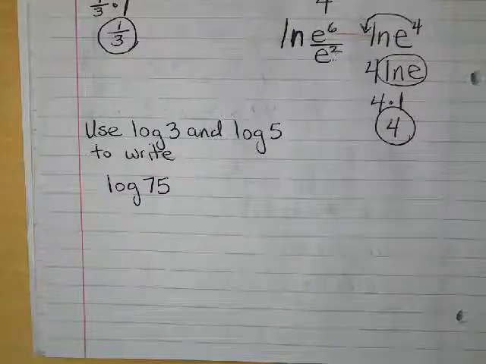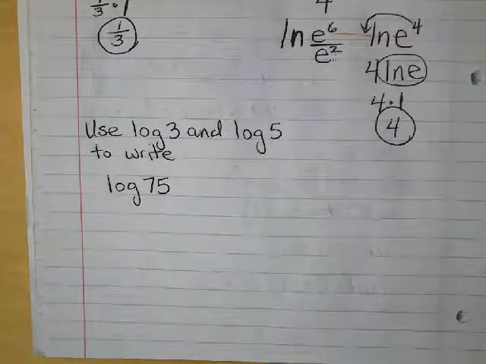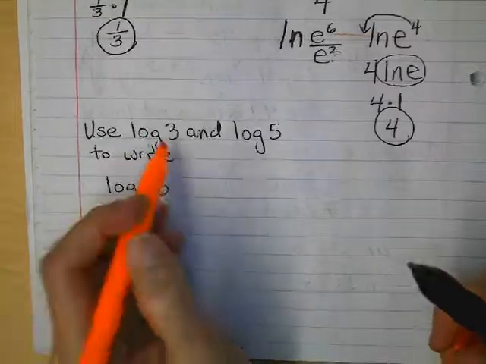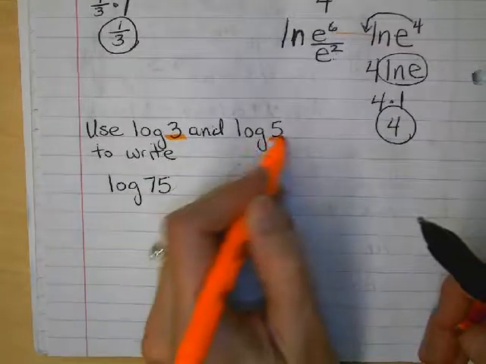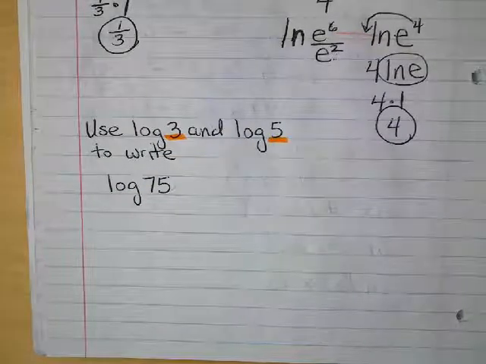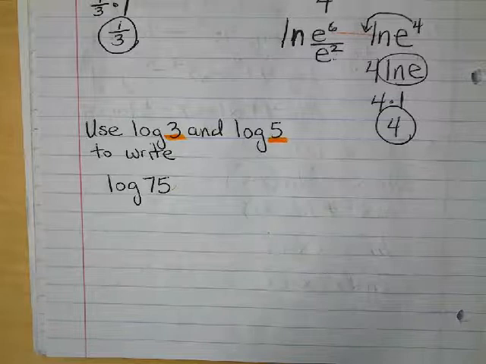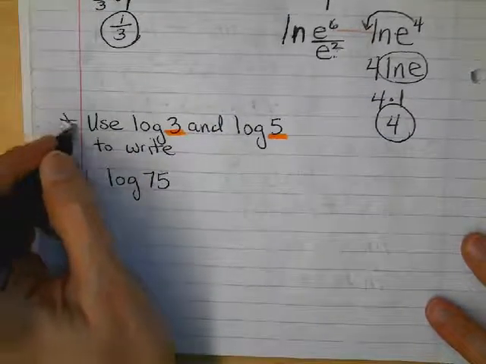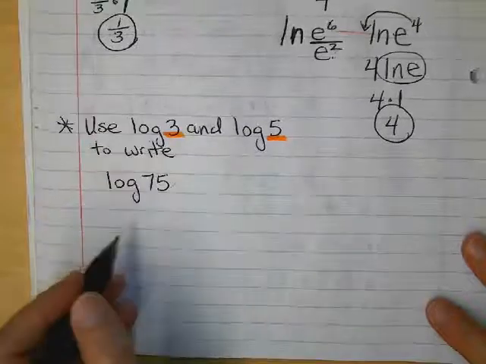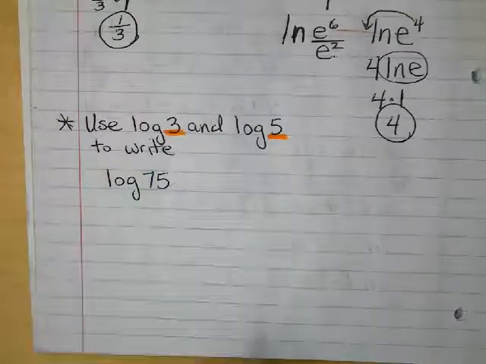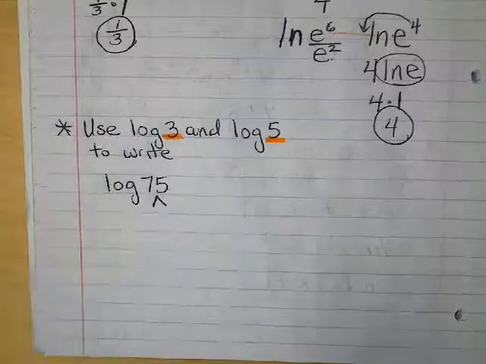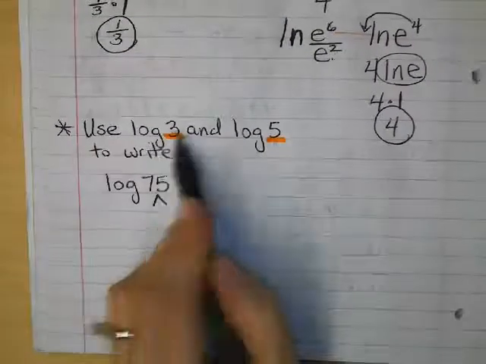So it's actually all about seeing if you can break 75 apart. Is it related to these numbers that they're giving you? That's all it's about. So if you think about what they gave you, they're saying to use these up here to write this a different way. Use log 3 and log 5. Well, think about it. 75 is a big number, does it break apart into some of these smaller numbers?